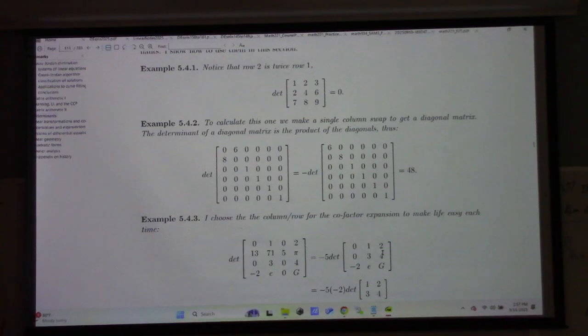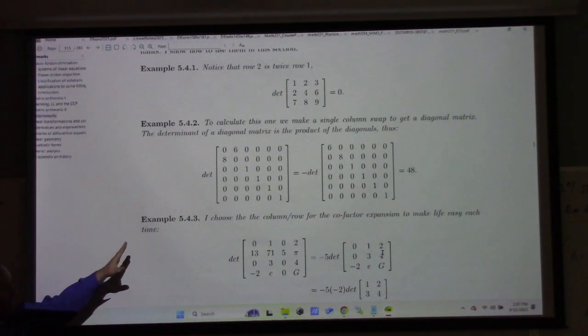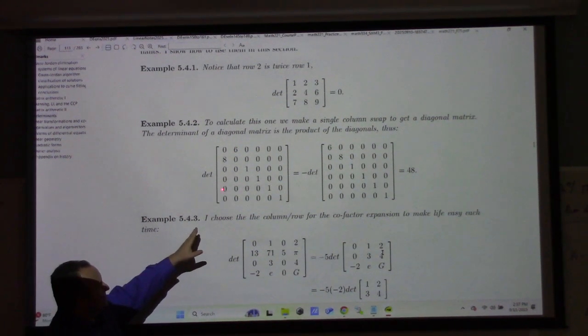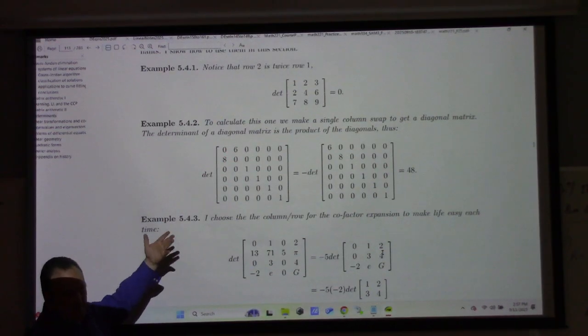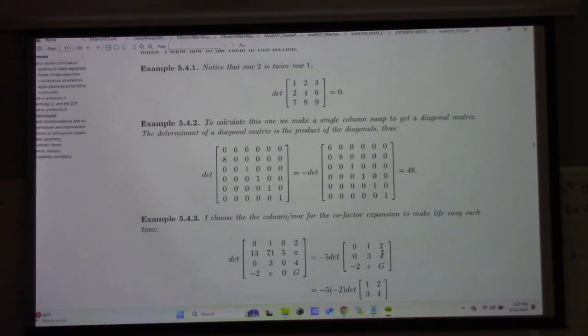Since the determinant is equal to the determinant of the transpose, anything I say for columns, I can also say for rows and vice versa, because the rows of the transpose are the columns of the untransposed. There's that transference. But yeah, you're exactly right. We could swap the columns or we could swap the rows. Either way, it's the same, and either way, there should be a minus over here.